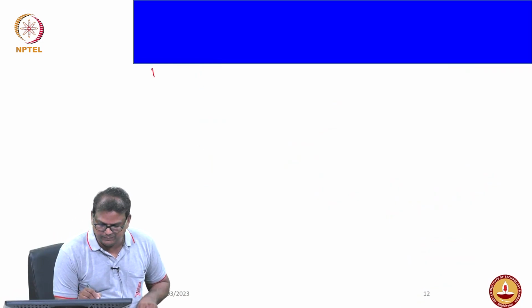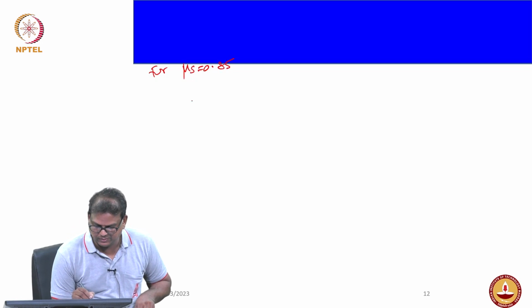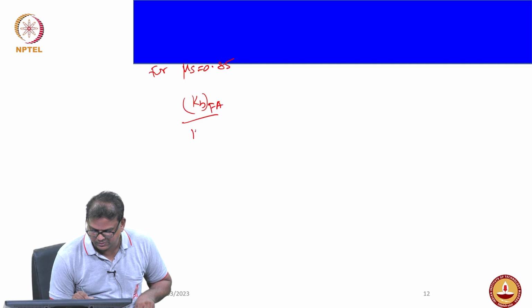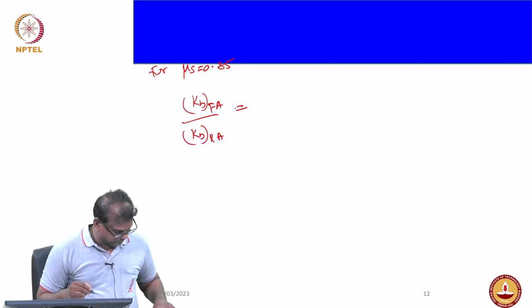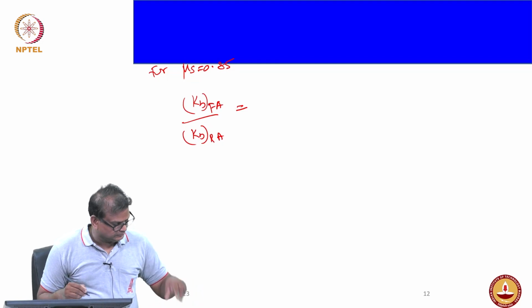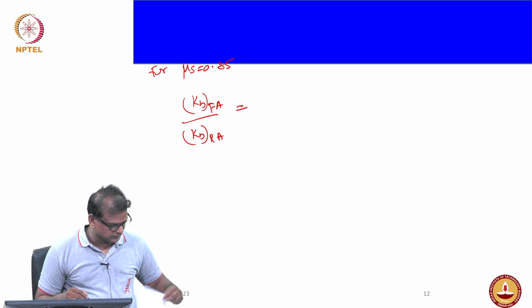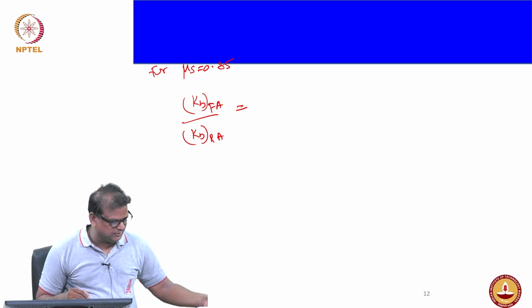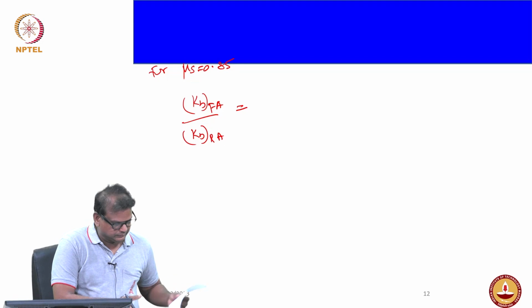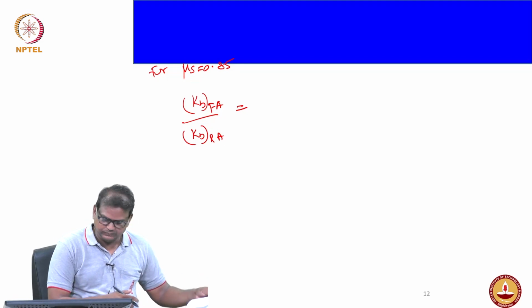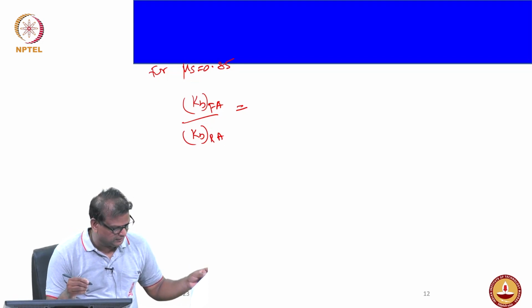Similarly, for mu s equal to 0.85, we had to find out the values also. Can you give me the values please? What is the value you are getting? I am sorry, 0.8 radii, correct.